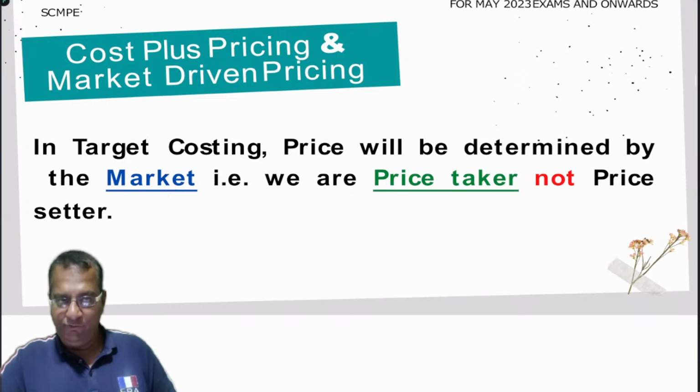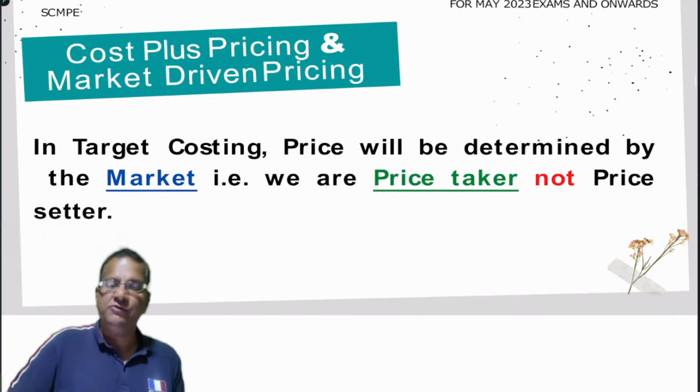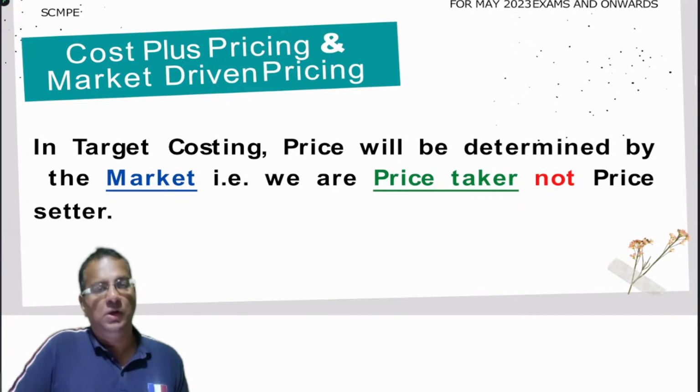Can you tell me, beta? We have said that the way is to reduce the cost. Which cost is to be reduced? Value-added cost, non-value-added cost, or both? I'm waiting for your answer. We have written that in a competitive environment, the profitability of the company can be increased by reduction in cost. Now, which cost should be targeted?